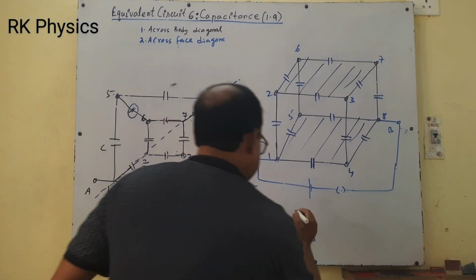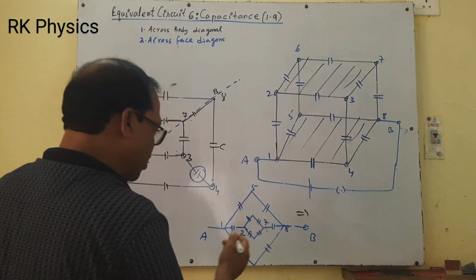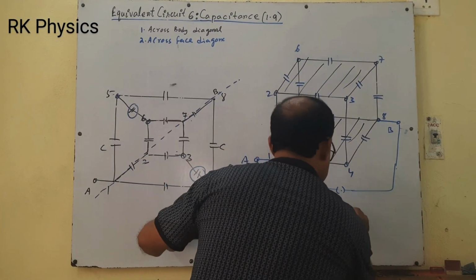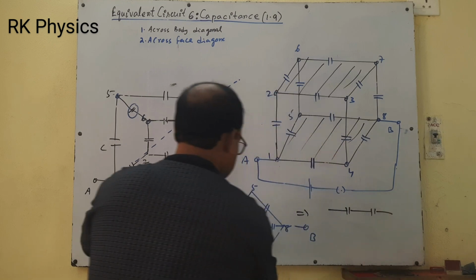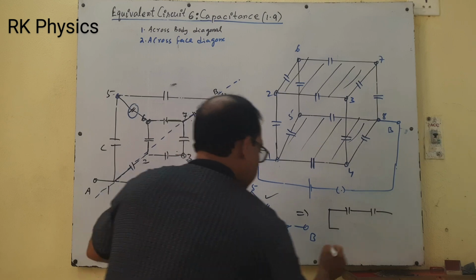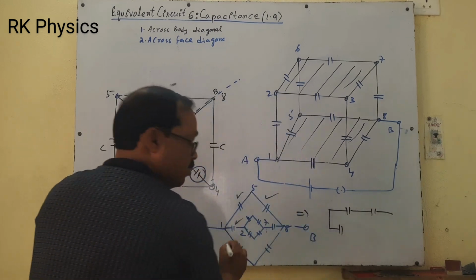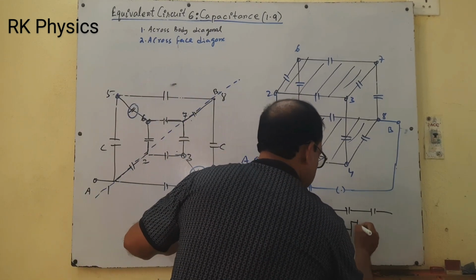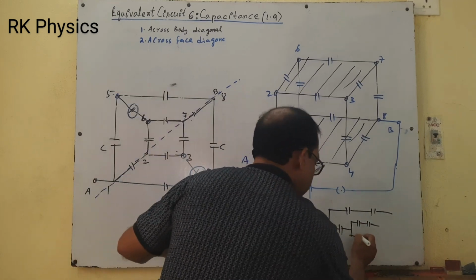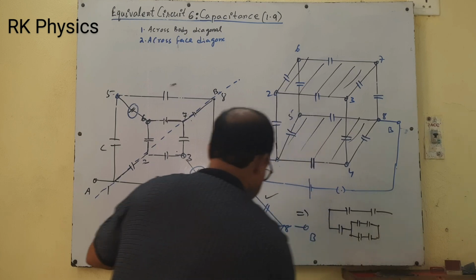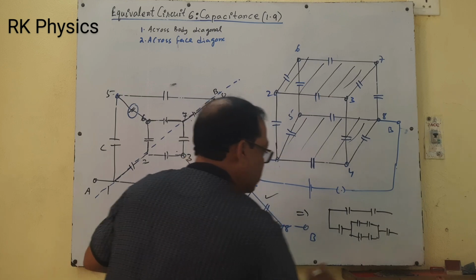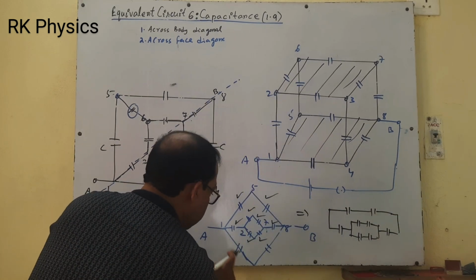Now how can you find out the equivalent capacitance? You take this upper portion, these two, then these two, then these two, and lastly there is another branch.